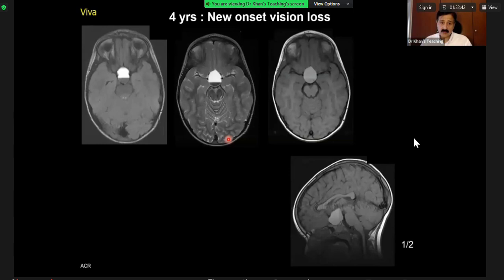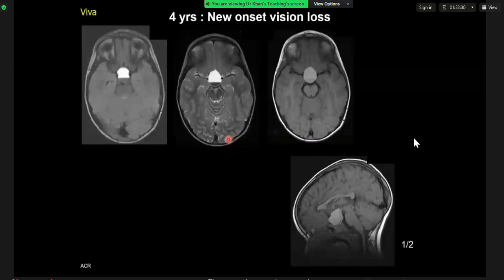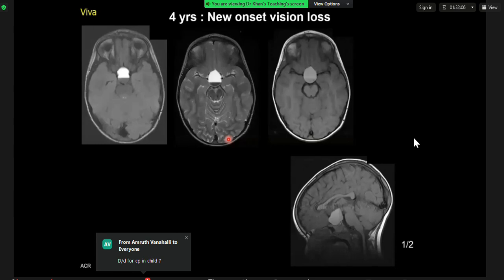Okay. So on T1 axial slices and right brain images, I can see there is a blood fluid level involving the pituitary region, and I suppose that there is a pituitary macroadenoma, which shows some hemorrhagic changes.